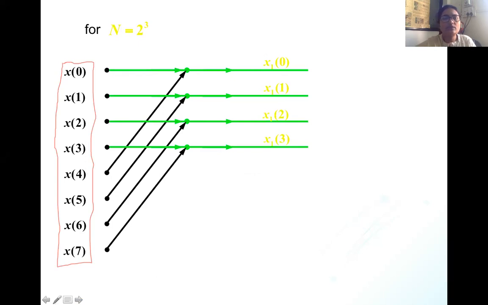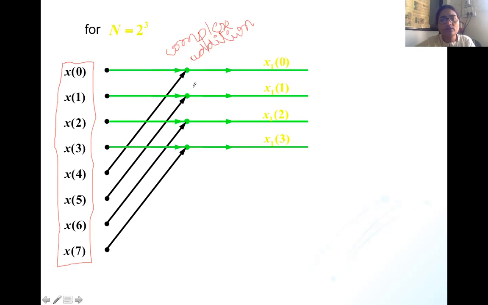These even point DFTs have been calculated by performing addition operation. Here complex addition is taking place. This is a kind of butterfly structure, where we have seen there are two complex additions and one complex multiplication that one needs to apply. The even points are calculated by using addition. x of 0 gets added with x of 4 and the first point is calculated.